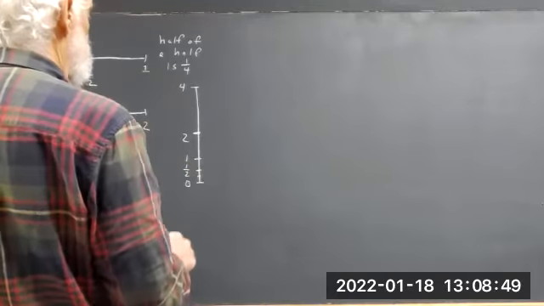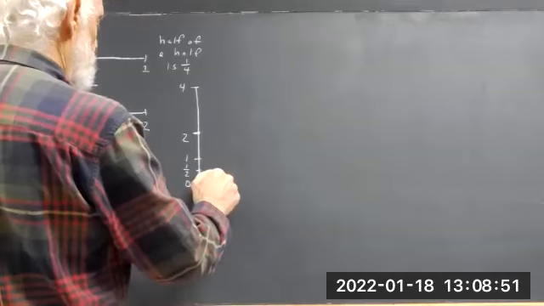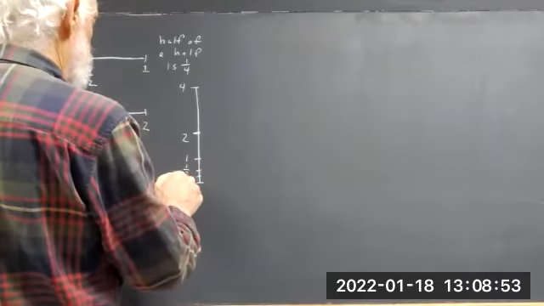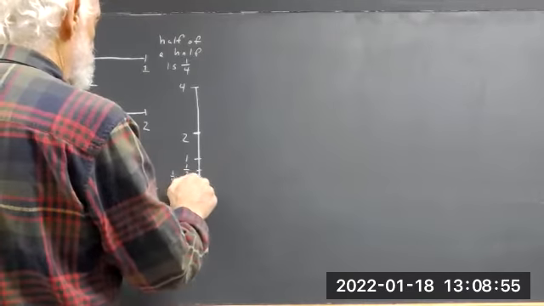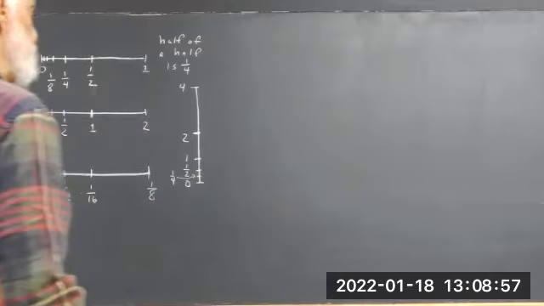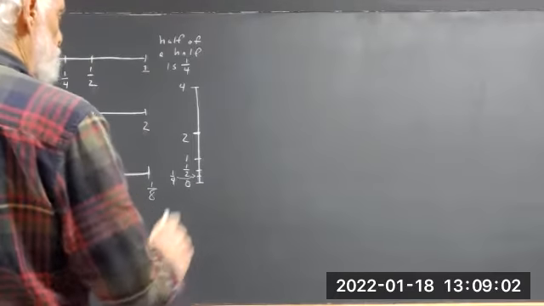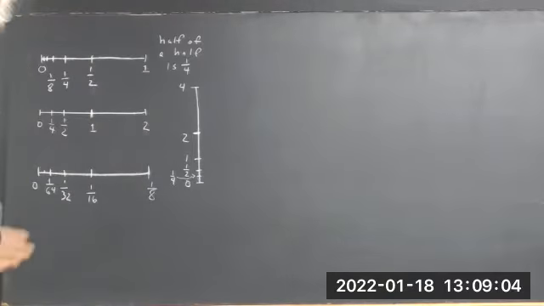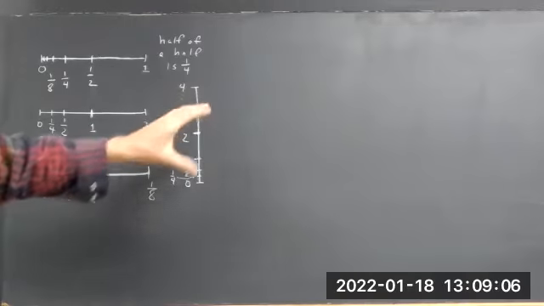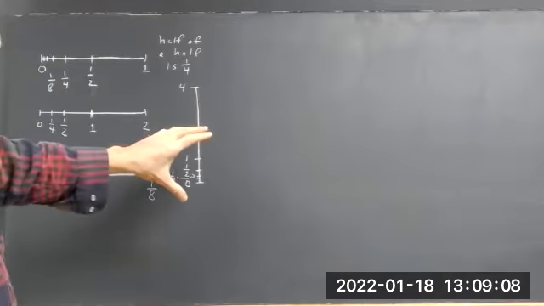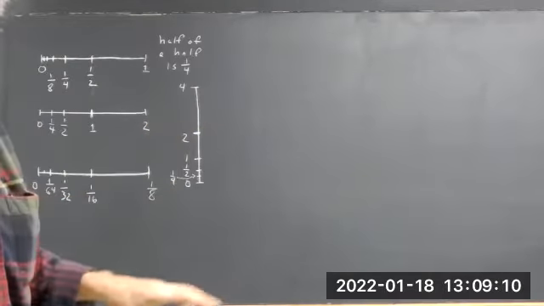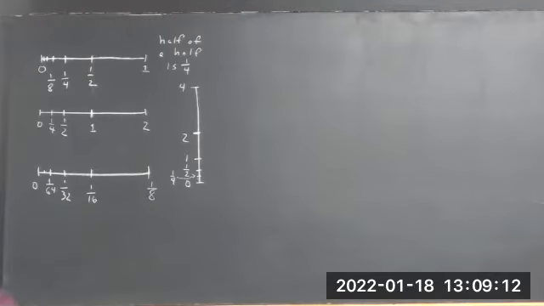Divide this in half. Well, I don't have room to label it over here, so I'll do this as 1/4. And we can divide that further. There's 1/8, there's 1/16, 1/32. So this is how we scale graphs at the beginning of this course. Now we're going to see where we can go with this.